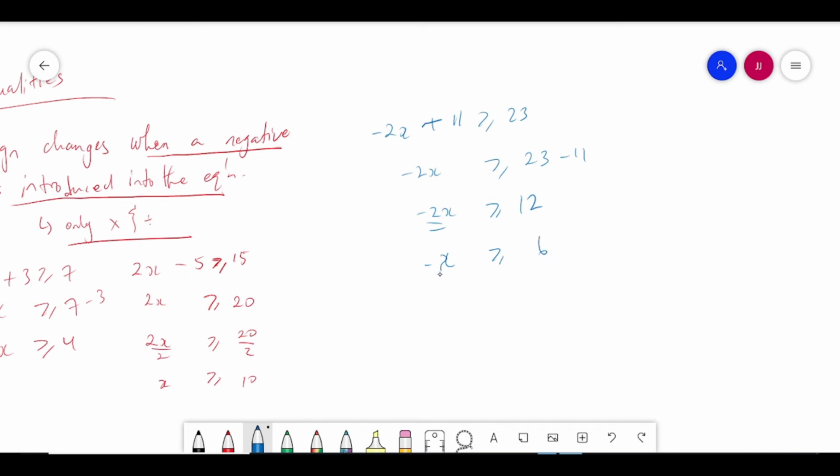And because we have to remove the negative sign here, we have to switch the inequality sign to be the opposite of what it was. It was before more than or equal to, but now we make it less than or equal to, because that's the rule. So now it will be x is less than or equal to minus 6.